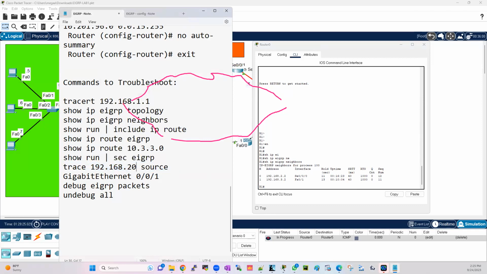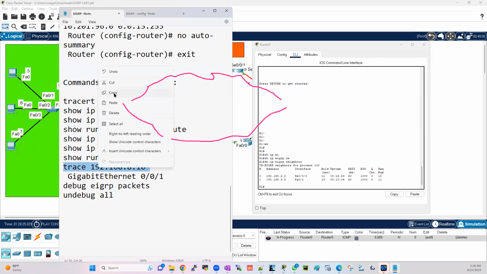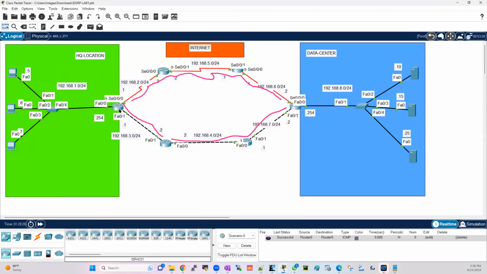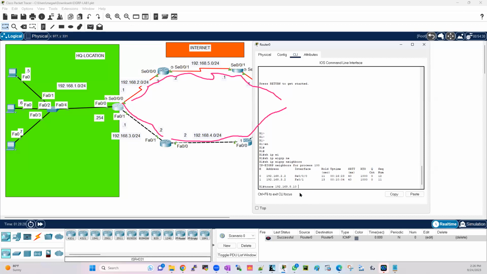We trace the route to, okay, I don't want to use south. Traceroute to where? To 8.10. Copy from here. Okay, from here we go to here. Traceroute.